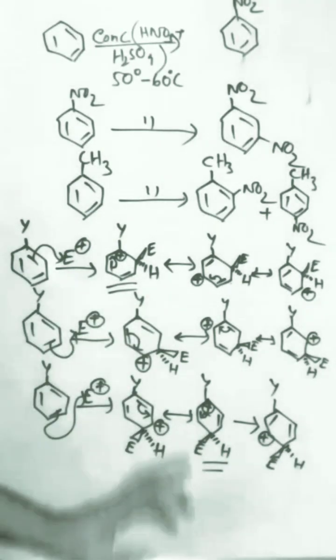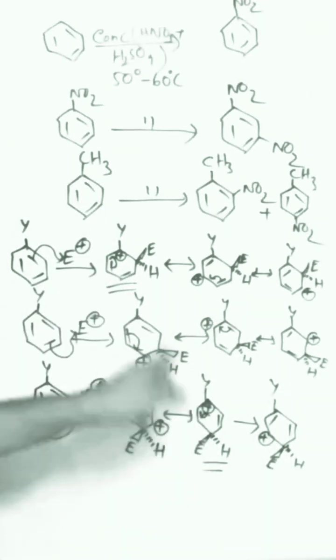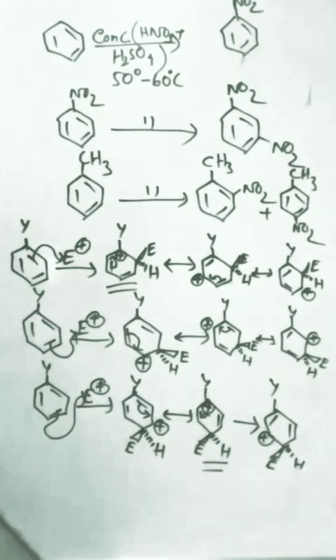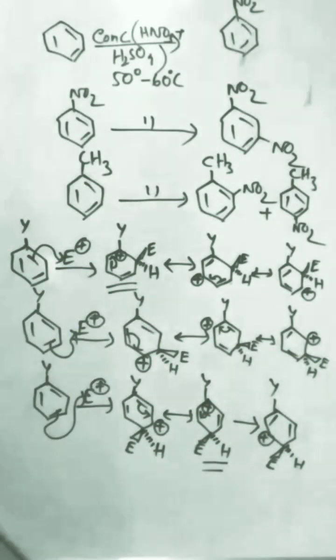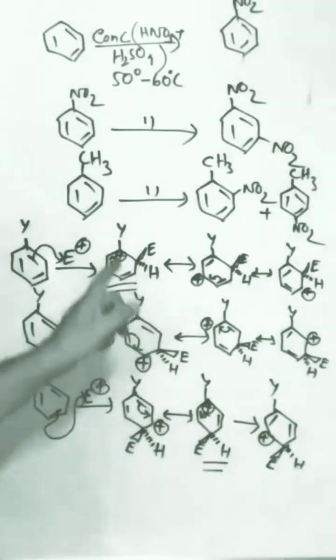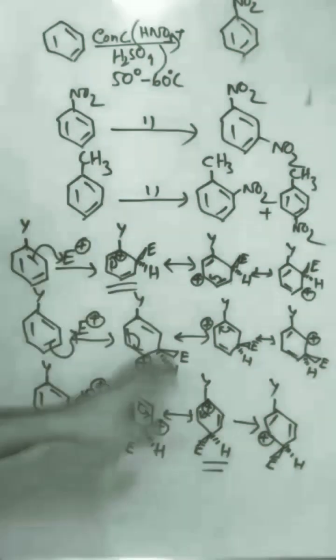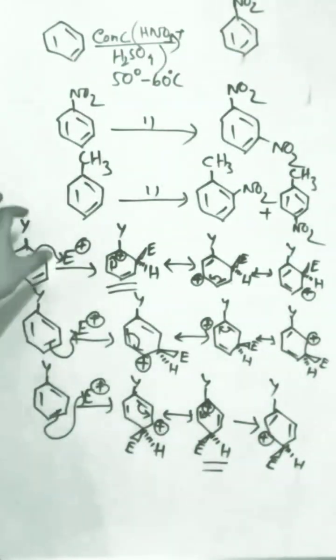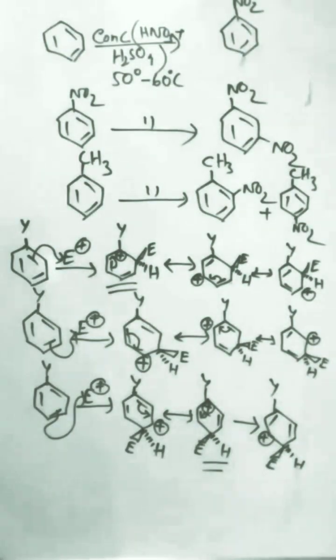So in ortho and para position, if Y has plus I inductive effect, these two resonating structures have some stabilizing factor.